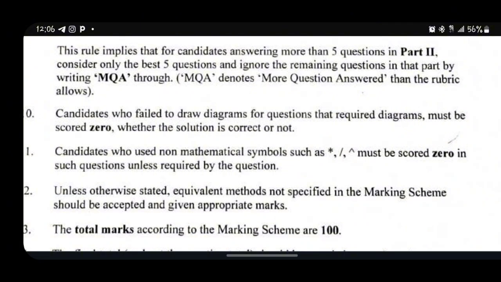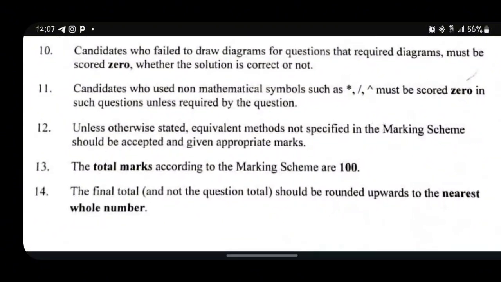So any student who writes these three symbols will be scored 0 in such questions, except for questions like binary operation that require you to use star. In that case it is required by the question. Else, if you write star for times in your solution, you have scored 0 for that question.